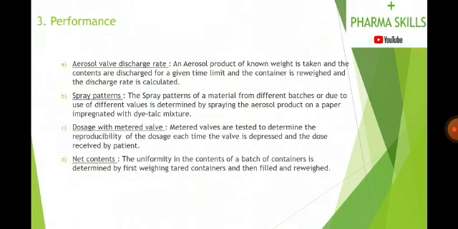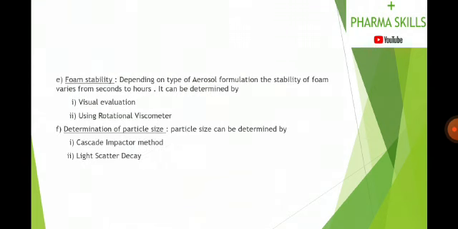Now net contents. Net contents are determined by first weighing the empty container, then the container is filled and weighed. The difference in weight gives the net contents. Next is foam stability. The stability of foam varies depending on the type of formulation.